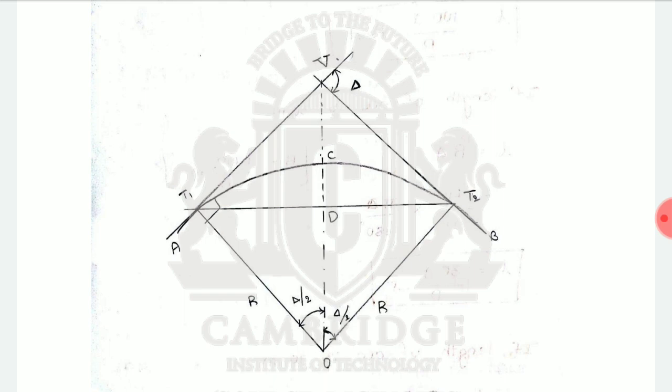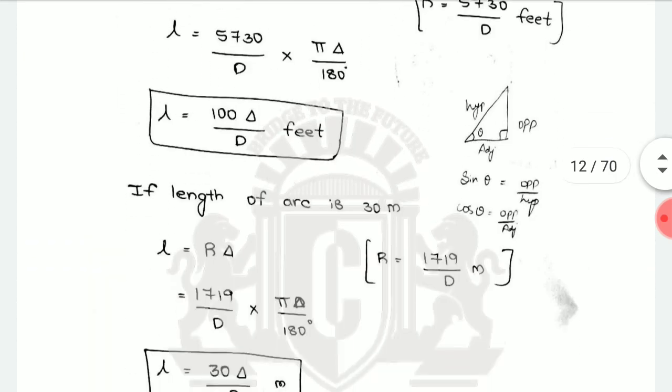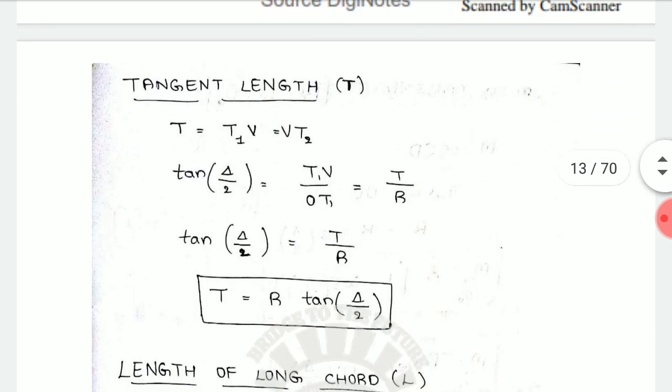T1V is nothing but capital T here, that is your tangent length. OT1 is nothing but radius of the curve R. The same thing I will write it here. Tan delta by 2 is T1V by OT1, that is T by R.